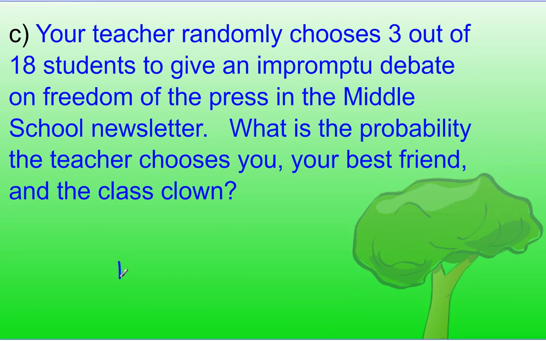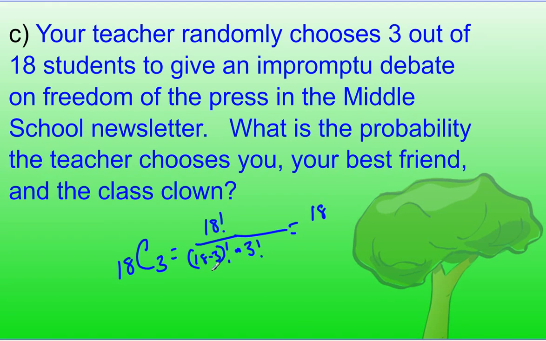Okay, so there are 18 students, and you're choosing 3 of them. So that's 18 factorial over 18 minus 3 factorial times another 3 factorial. Oh, I need to simplify this first. That's 15 factorial. Good. Okay, so 18 and 17 and 16. That's a 6.